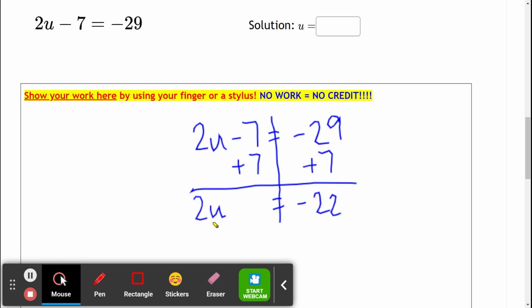And again, the inverse of 2 times u is dividing by 2. So these cancel, and this is divided by 2 as well to keep everything balanced. Negative 22 divided by 2 is negative 11. So this should be negative 11.